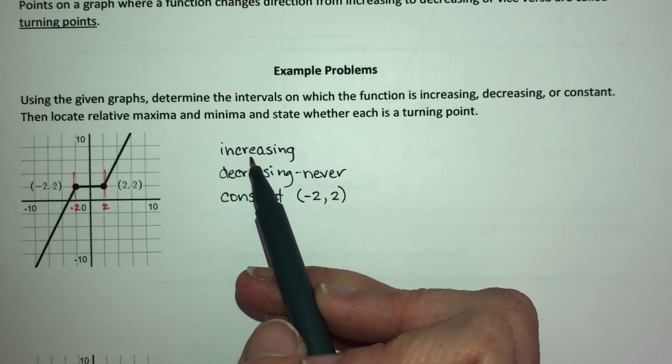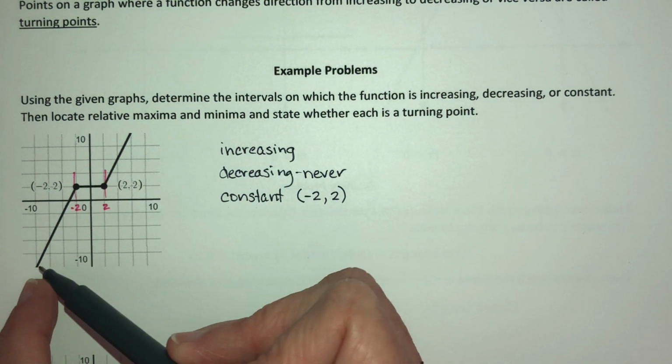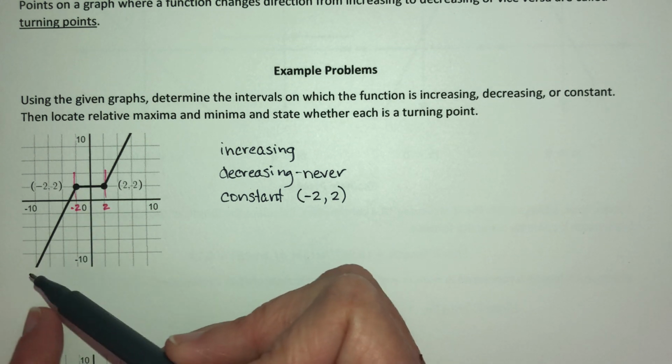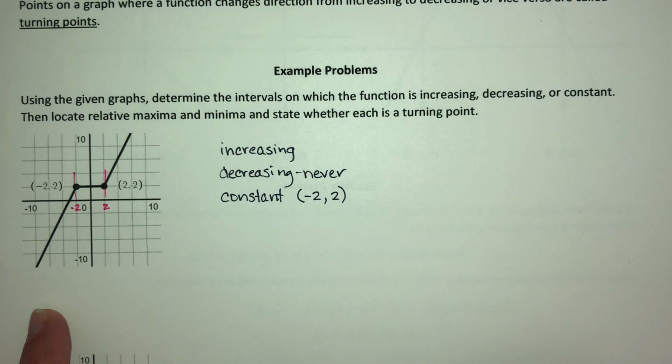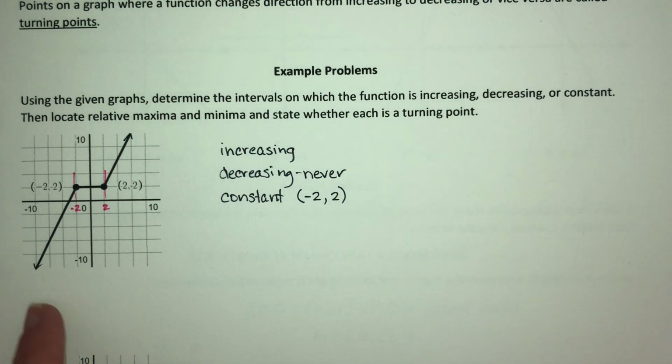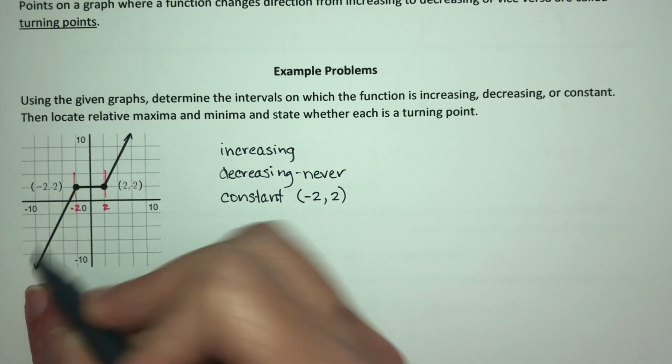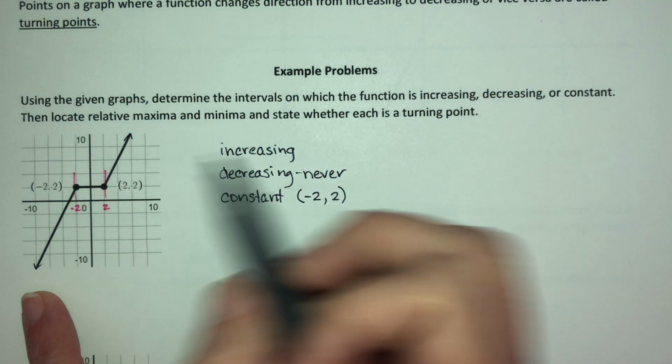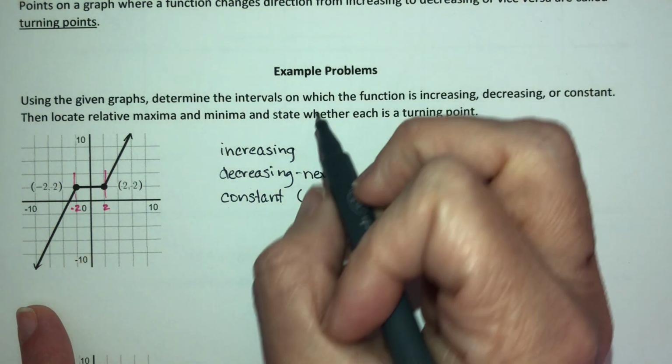Now, where is it increasing? It's increasing on two separate areas here. This continues down. The program I'm using to create these graphs does not put arrows on the ends, no matter how much I wish they would. So it's increasing from, where does this go on the x-axis? It continues out forever.